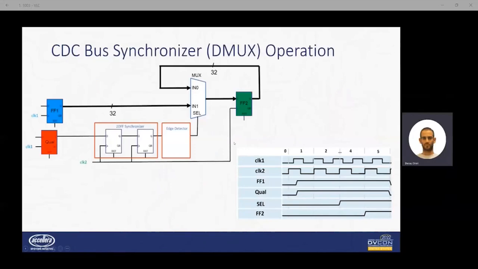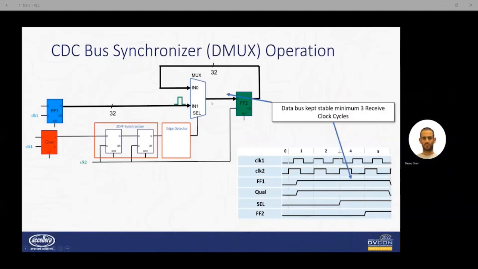So let's understand how the bus synchronization scheme works. First, we're gonna send the data from flip-flop number 1 to flip-flop number 2. We do assume that the data is kept stable for a minimum of at least 3 clock cycles of the receive clock domain.